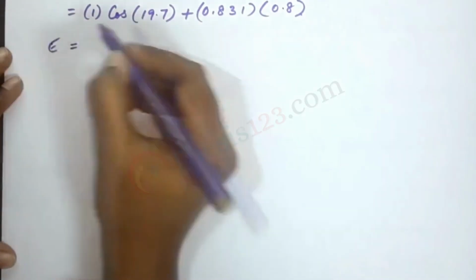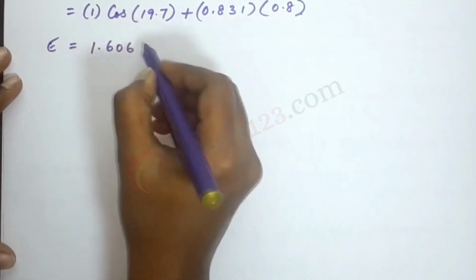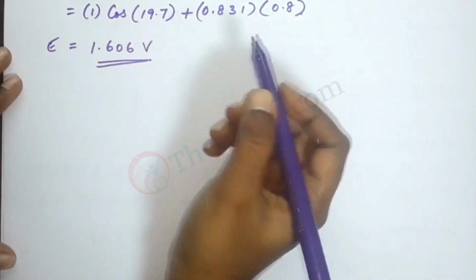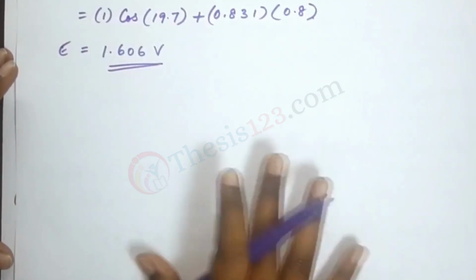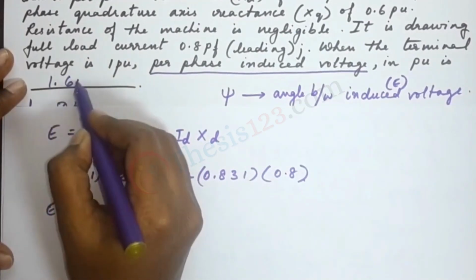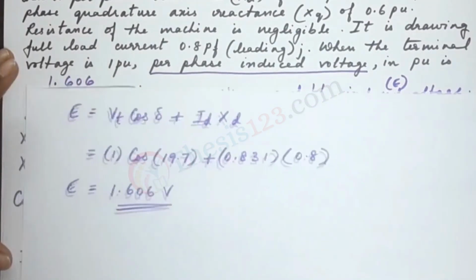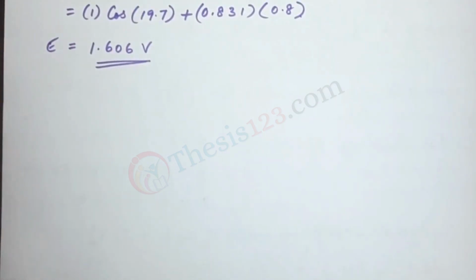Solving, we will obtain a value of 1.606. So this is the value of the induced voltage. I'll write that down here, 1.606 per unit. I hope this has helped.